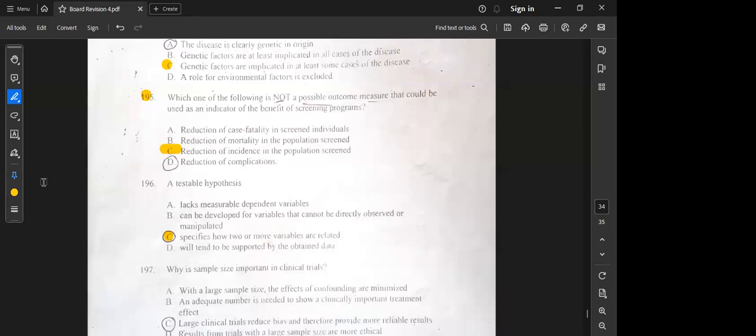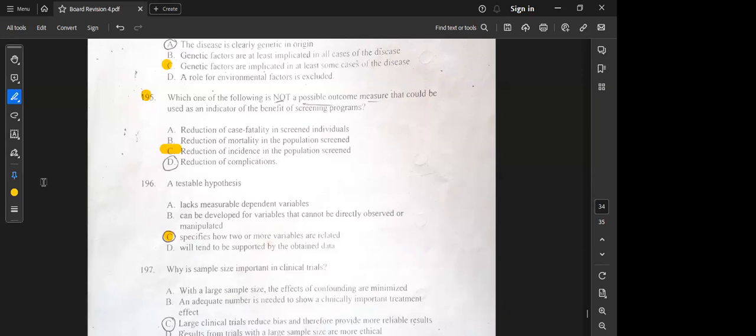For example, you're talking about hypertension, people who are at a risk of developing hypertension. If we screen you and then we find you in a prehypertensive state, we can advise you on what to do. Then you're going to reduce the incidence of hypertension.